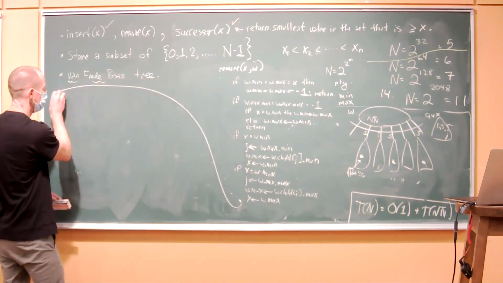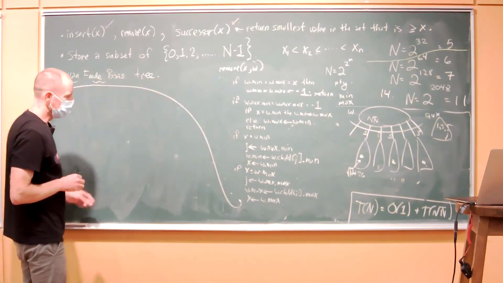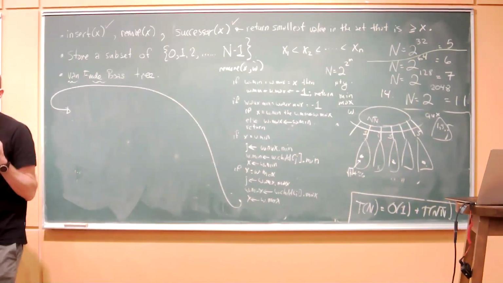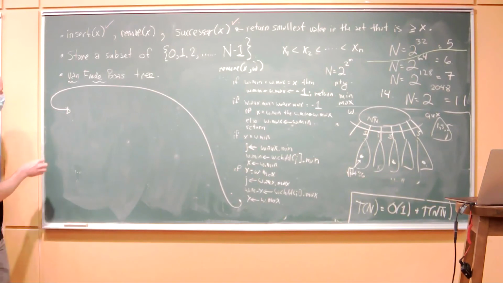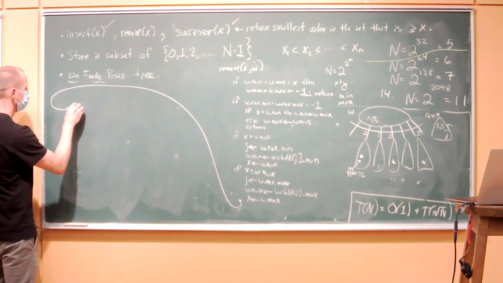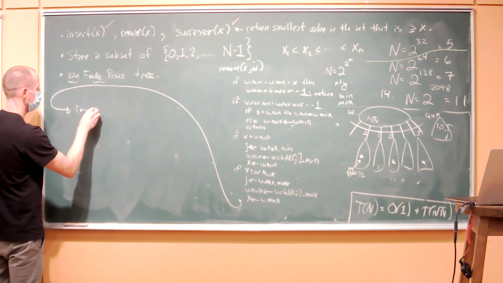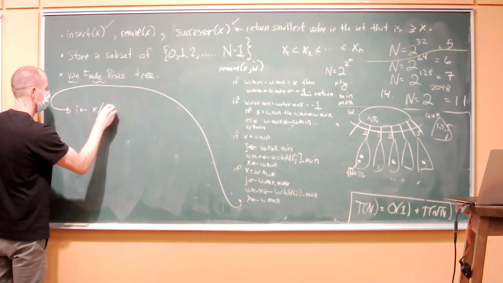Everything up there is correct and fine, but we still have a value x that needs to go away from some subtree. What is the subtree that it's in? It's the subtree i, which gets x over square root of n.